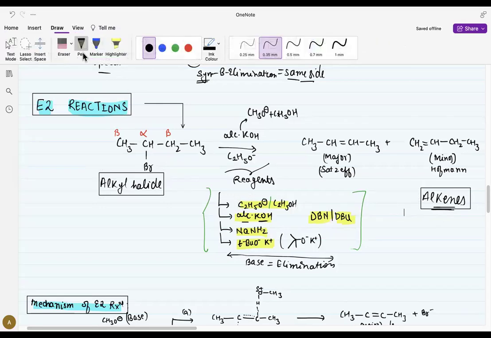You should remember this. In an elimination reaction, you have to eliminate two things, X and Y, from alpha and beta. This is what we call 1-2 elimination. This is a type of 1-2 elimination or beta elimination.